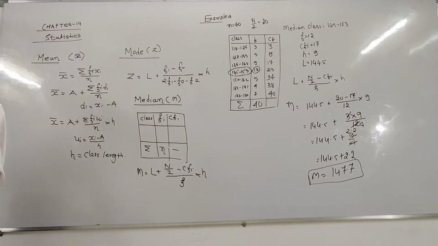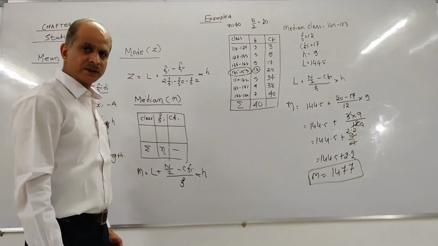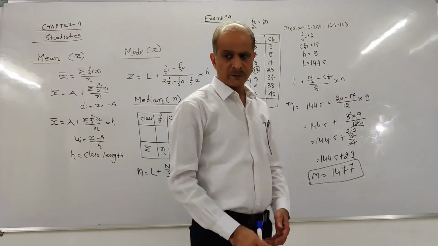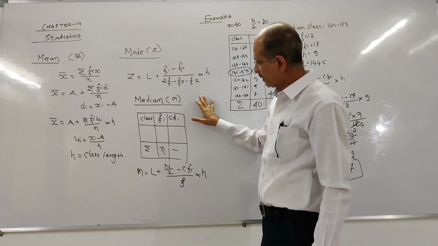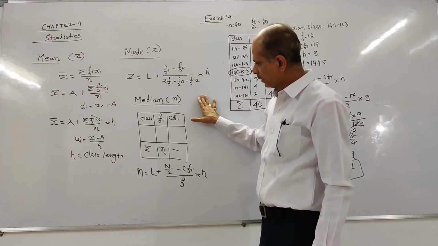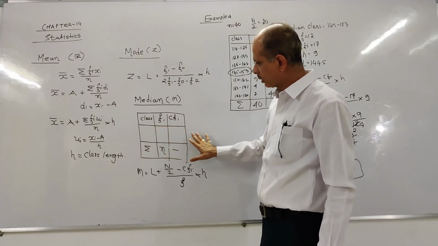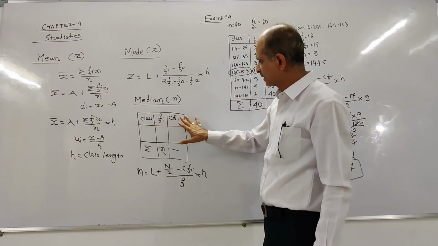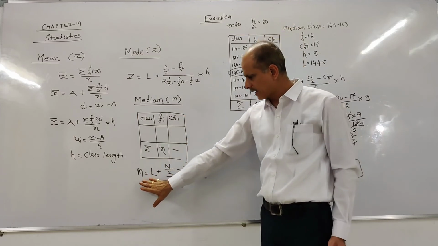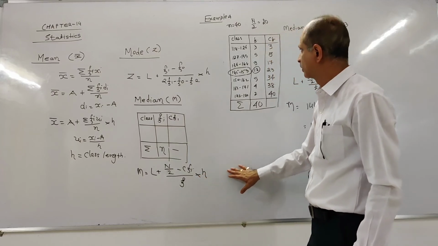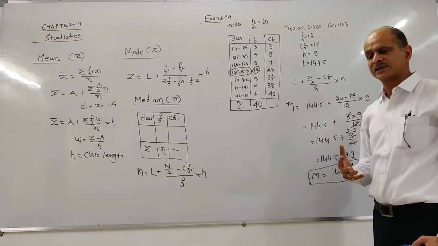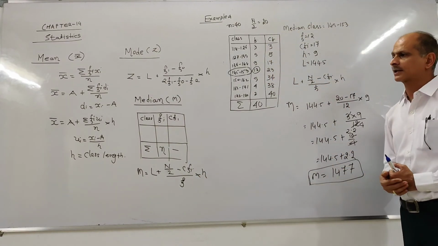So today we have discussed three formulae for mean, then one very important formula for mode of ungrouped data. We have discussed median. Here you have to prepare only 3 columns: class, Fi, CFI. Its formula is M is equal to L plus N by 2 minus CFI upon F into H. We have already solved the first and second examples in the last class.